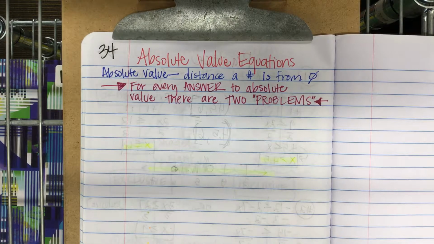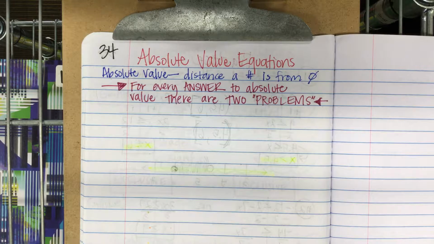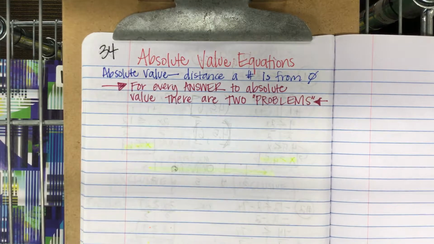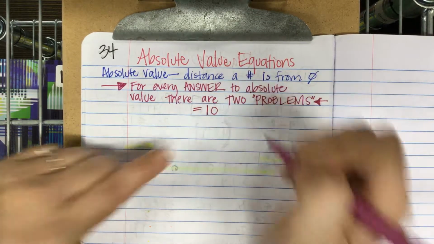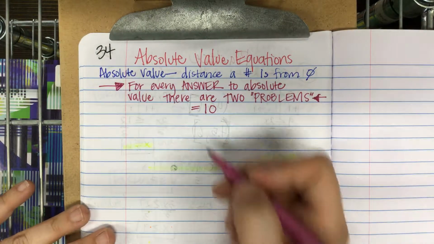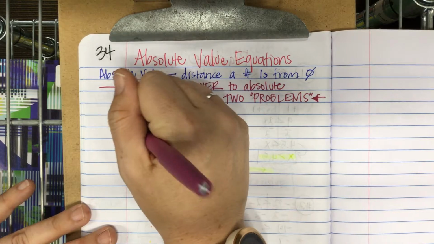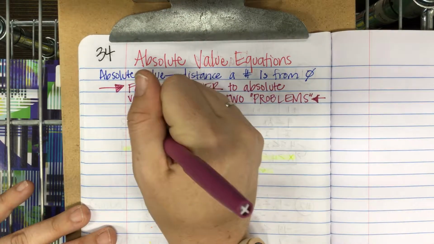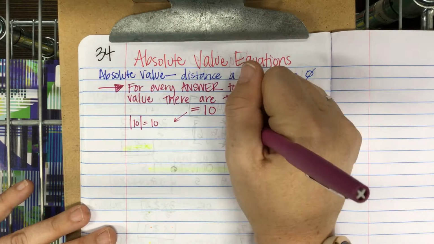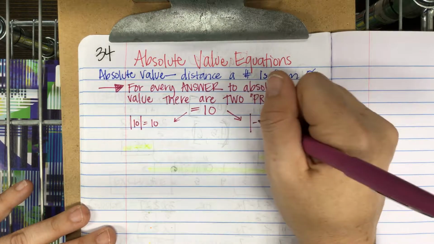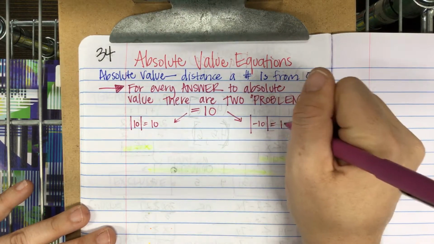If the answer to an absolute value problem is 10, there are 2 ways to get an answer of 10. I could do the absolute value of 10, or I could do the absolute value of -10. So if I want it to equal 10, there are 2 ways to get there. I could do the absolute value of 10 equals 10, or I could do the absolute value of -10 and have it equal 10, correct?